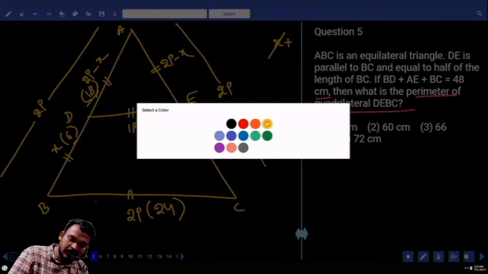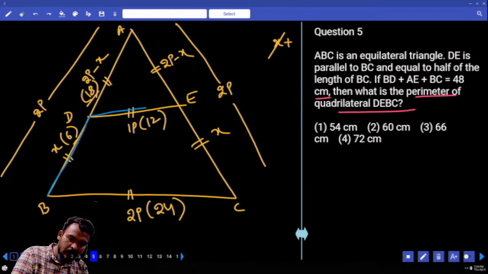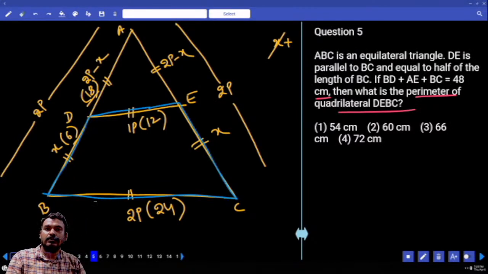Perimeter of DEBC means the sum of all the 4 sides. This value also 6. What is the answer? 36 plus 48.